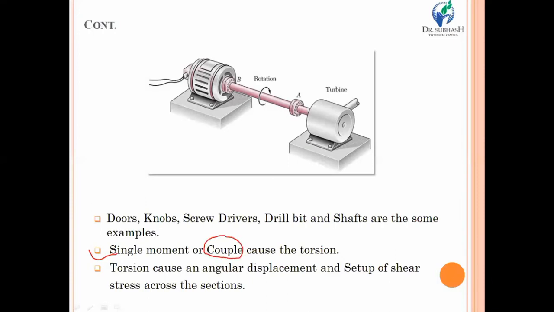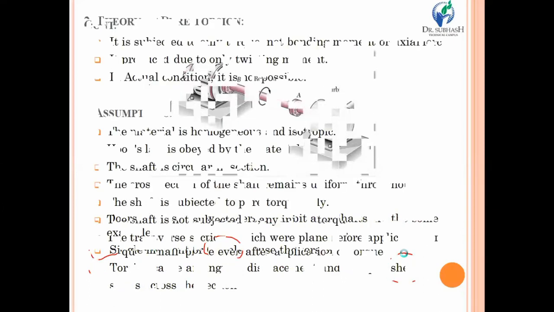That clearly means it is the couple or the single moment which is responsible to produce a torque. Generally, torsion causes angular displacement. That means your cross section gets deformed on the application of external torque, and it creates shear stress along the entire section of the transmission member.